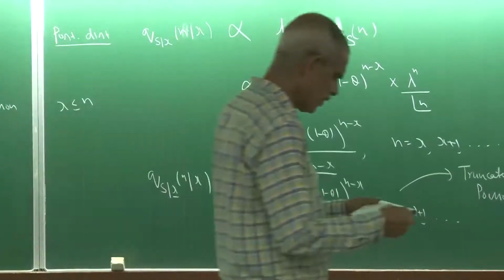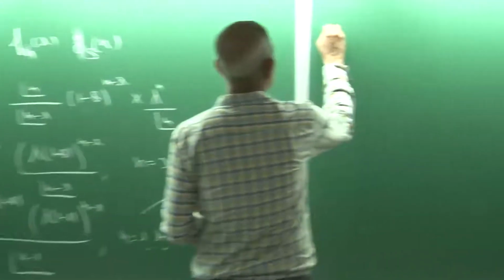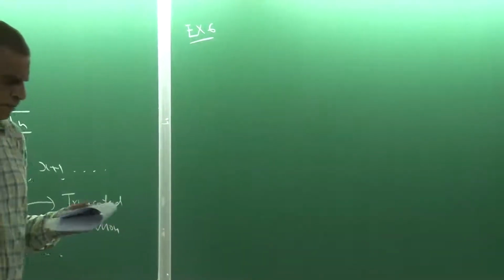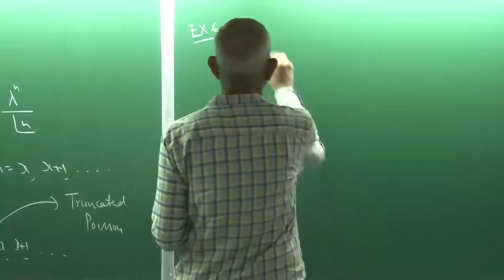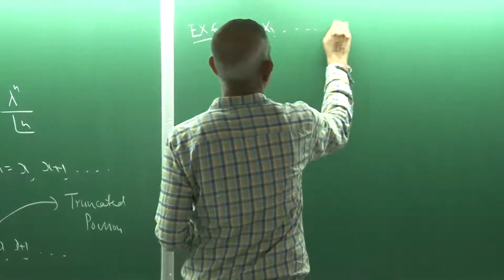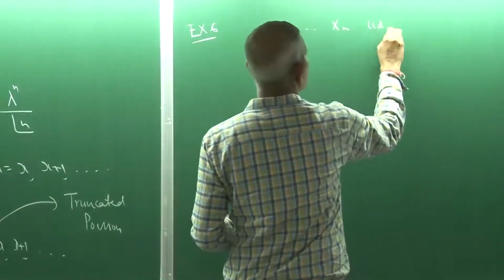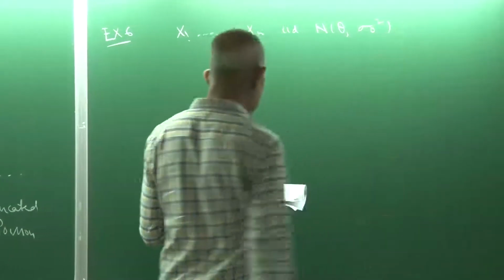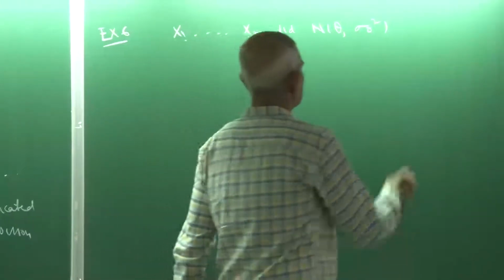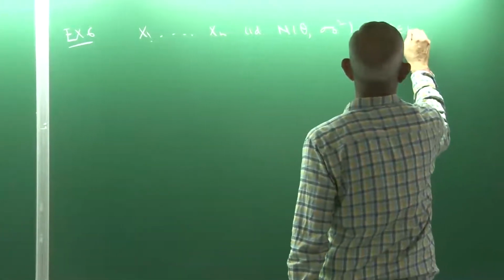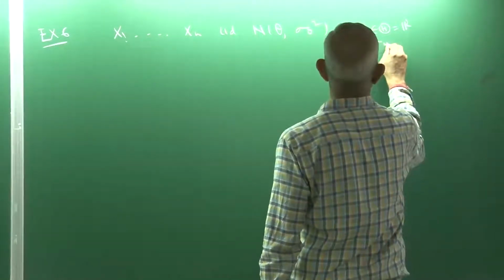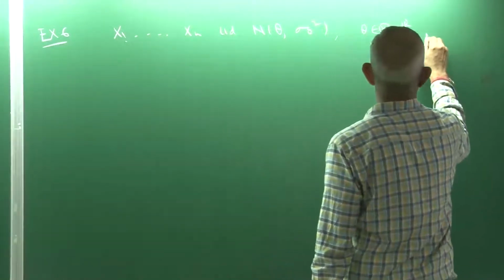Let me do example 6, which we have done many times, but let me do it once more. So what you have is x1, x2, ..., xn, IID normal(theta, sigma naught square), theta belonging to capital Theta, which is R, sigma naught greater than 0 is known.